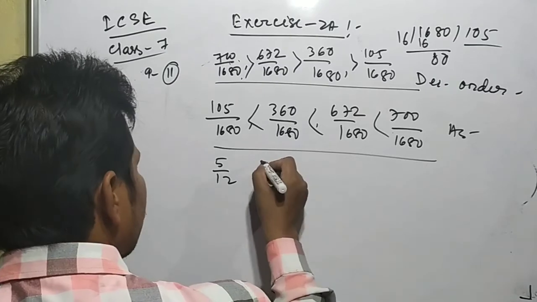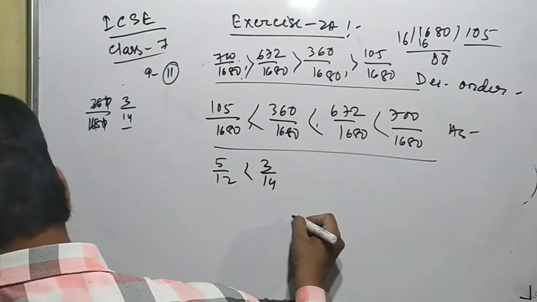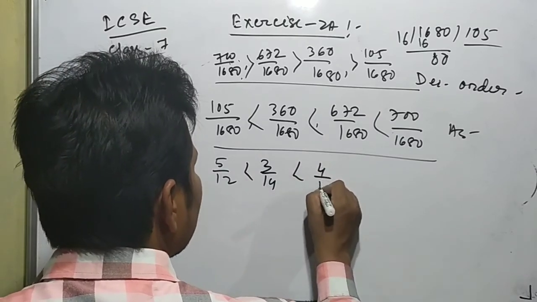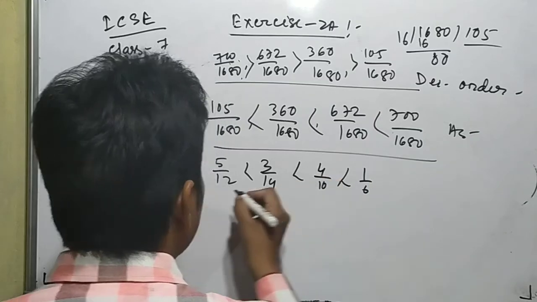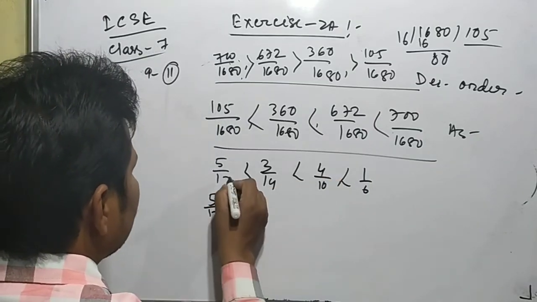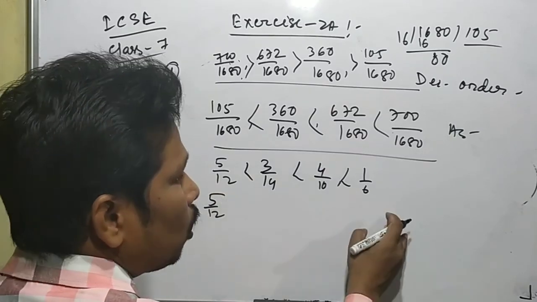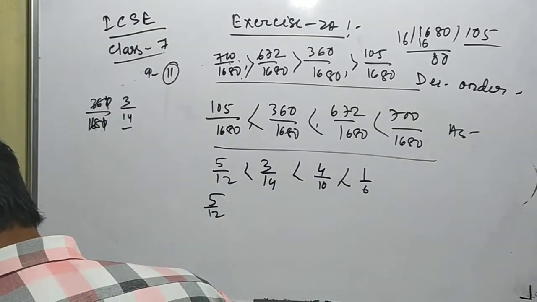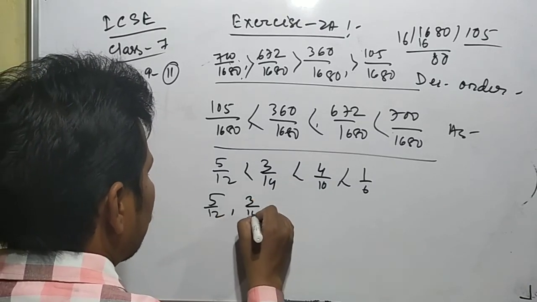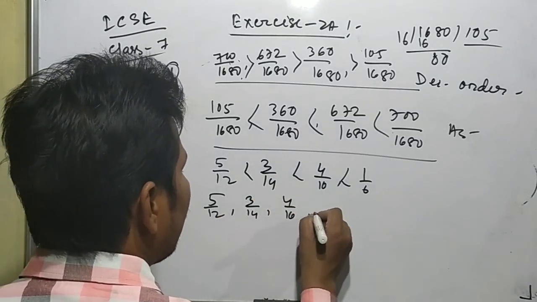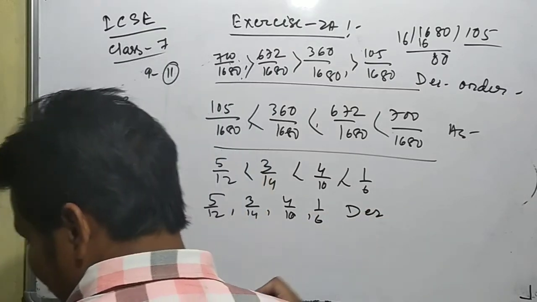Yes, 3 by 14, and then 4 by 10, 4 by 10 is less than 1 by 16. So here 5 by 12 is the largest number. From the largest to the smallest, that means it is descending order. So 5 by 12, 3 by 14, 4 by 10 and 1 by 16. This is the descending order.